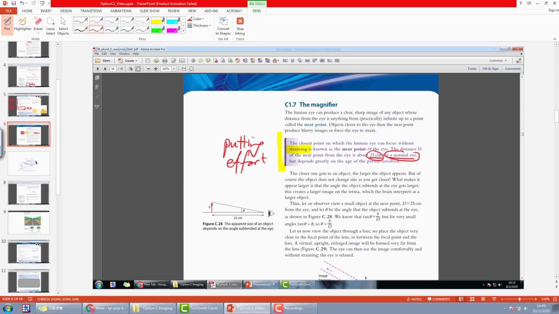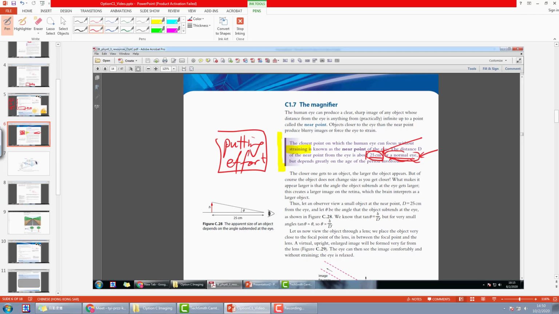For different people, apparently, we all have different eyes, not to mention some of you are already wearing glasses, but here it is more like a standard we are trying to follow for most people. If they don't need any glasses, then 25 cm is the distance that experts think is the best for a normal eyeball to see, and it is a distance where we don't need to put in effort.